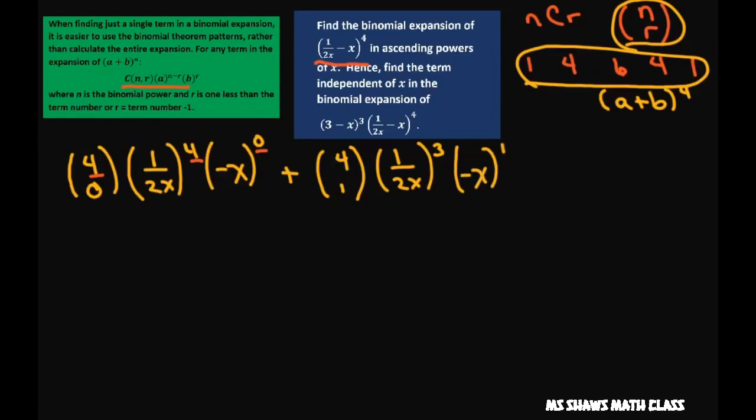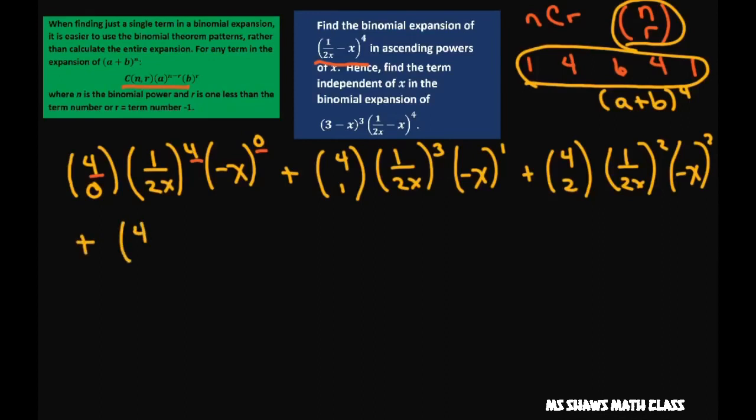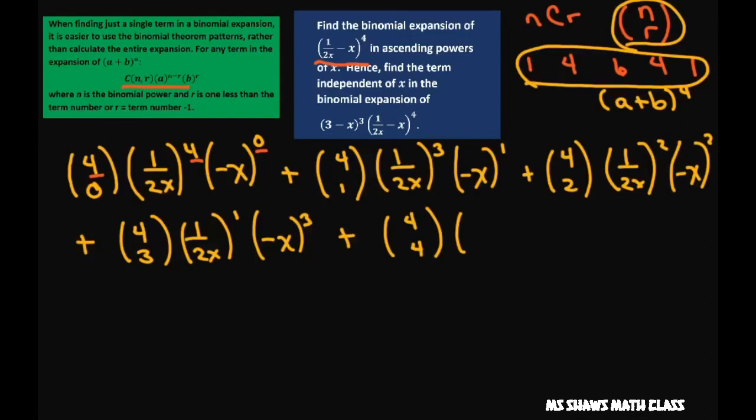So those two add up to 4, plus 4 choose 2, and that's going to be 1 divided by 2x squared, and then negative x squared, plus 4 choose 3, and this is going to be 1 divided by 2x to the first power, and negative x cubed, plus 4 choose 4, 1 divided by 2x to the 0 power, negative x to the fourth.